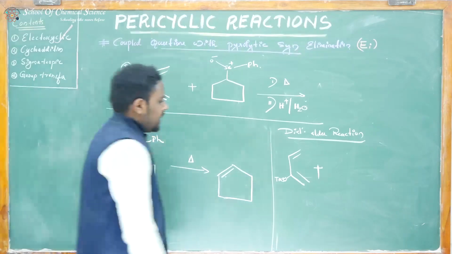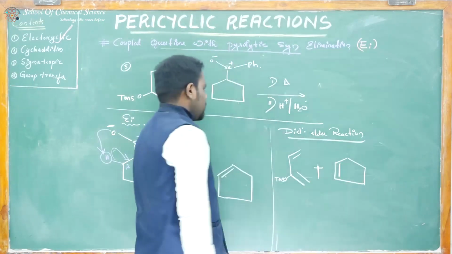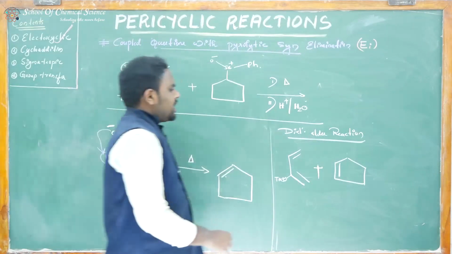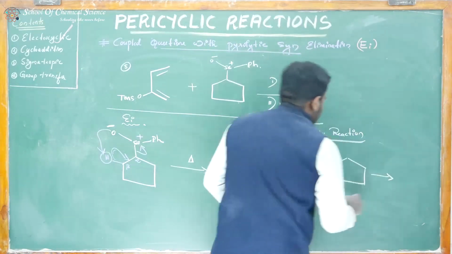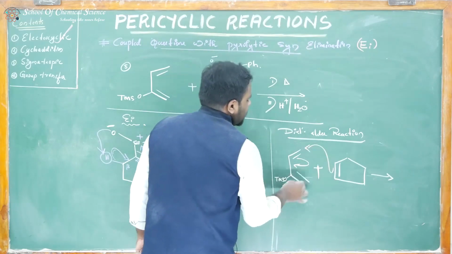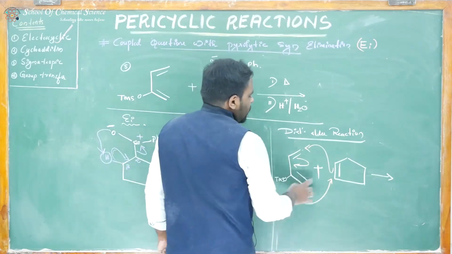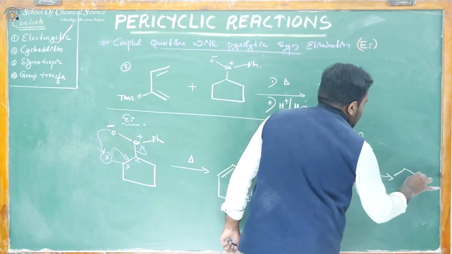This is your dienophile. The dienophile can be written like this, in this way. Both are identical. Then what is the reaction? A 4+2 cycloaddition reaction. This bond goes towards here, this towards here. Here a new sigma bond is formed. So 1, 2, 3, 4, 5, 6, a 6-membered ring is your product.